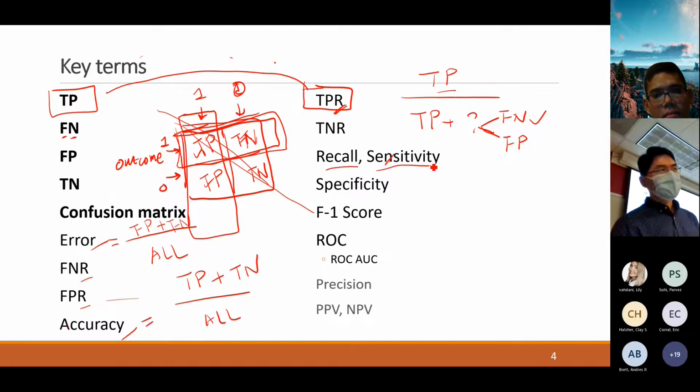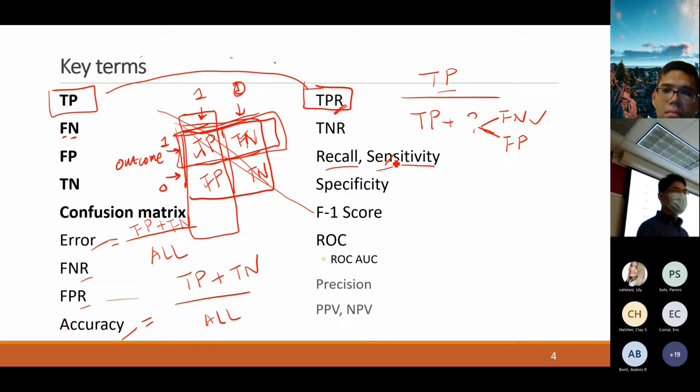Recall and sensitivity are the same. By now, you would have known that these all refer to true positive rate. So why is it recall and sensitivity? If you think about it, it's intuitive, I would say.